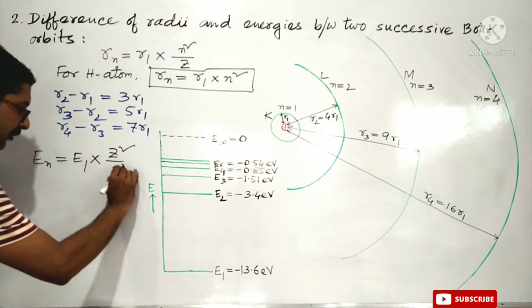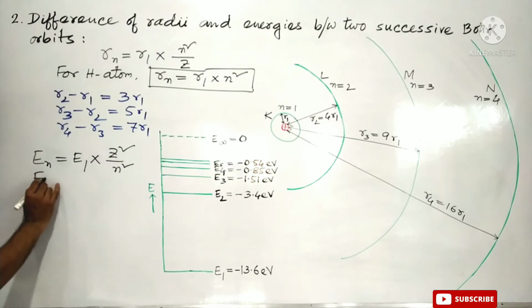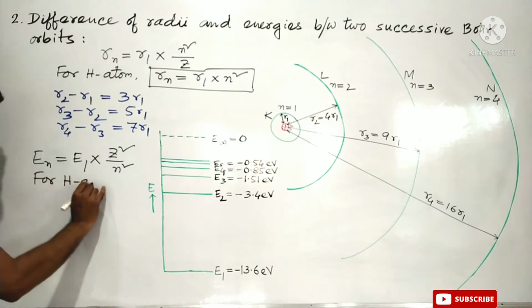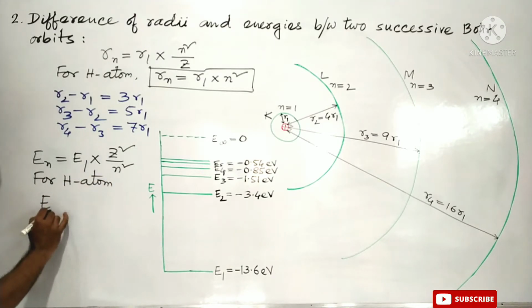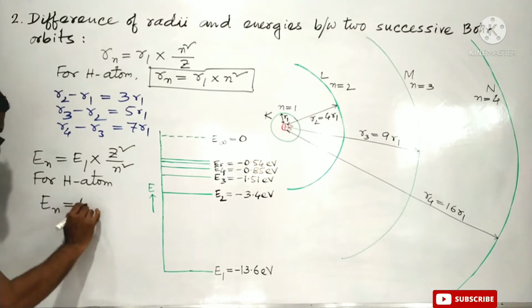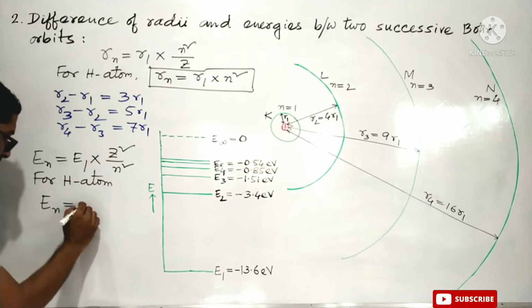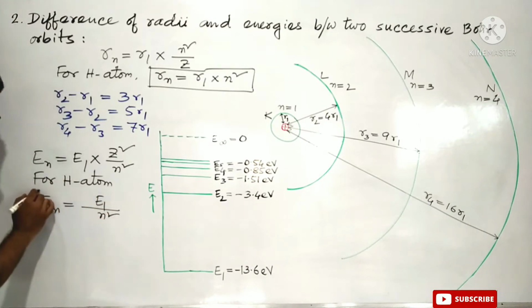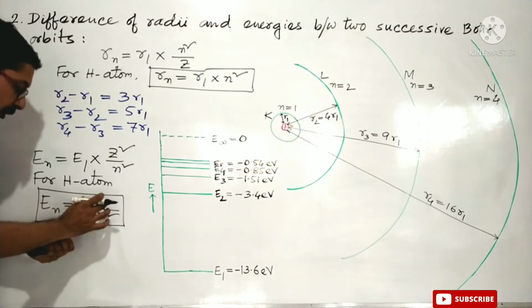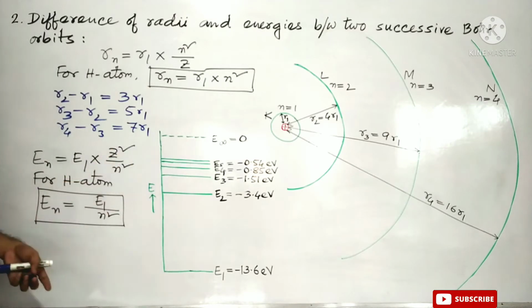For hydrogen atom Z equal to 1, so we can write En equal to E1 by n square. This is the relation between the energy of the first orbit of hydrogen atom and the other orbits.